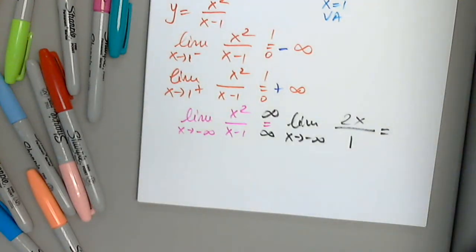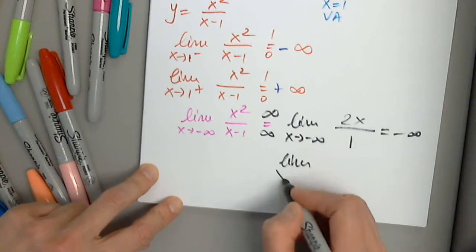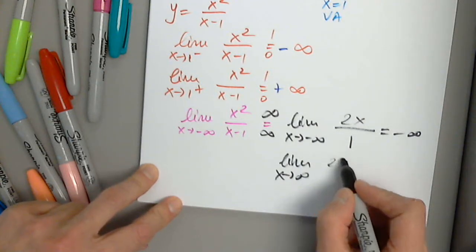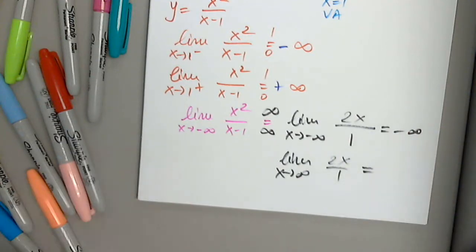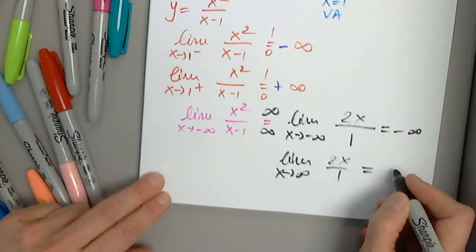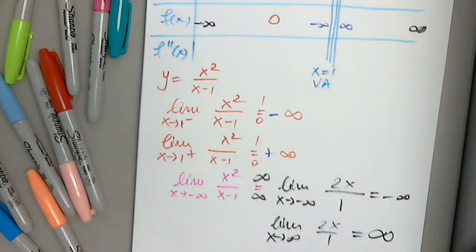Excellent. Now I'm using the sign of the infinity. So when x approaches negative infinity, where does this go? Negative infinity. In the same way, when x approaches infinity, 2x over 1, nothing will change from this step till this step. Where will this go? Infinity. Yes. So negative infinity and infinity. Excellent.